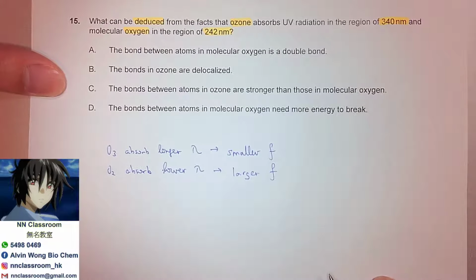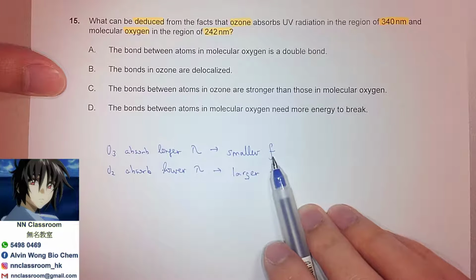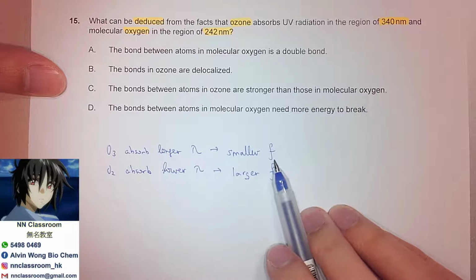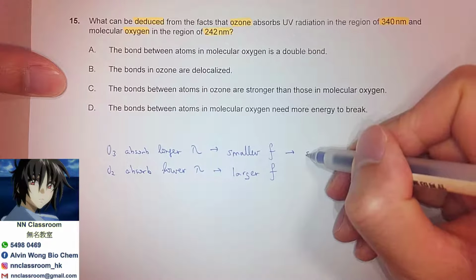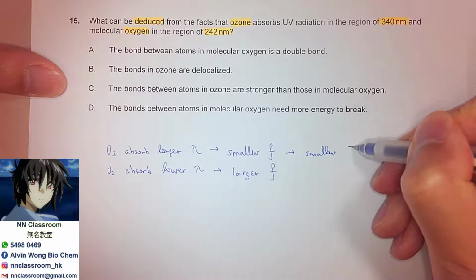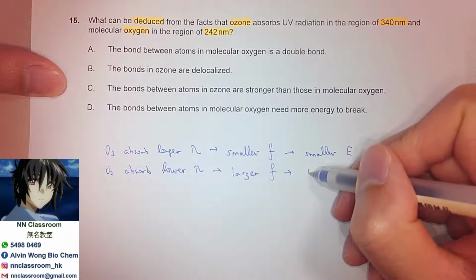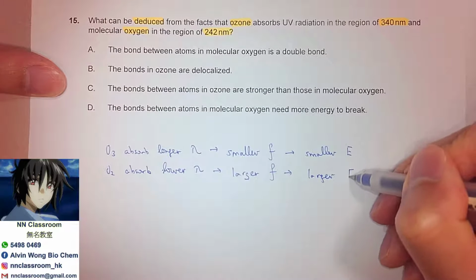The frequency is largely related to the value of energy, as energy is directly proportional to frequency, while frequency is inversely proportional to wavelength. So that's why we can deduce smaller energy for O3, and larger energy value for O2.